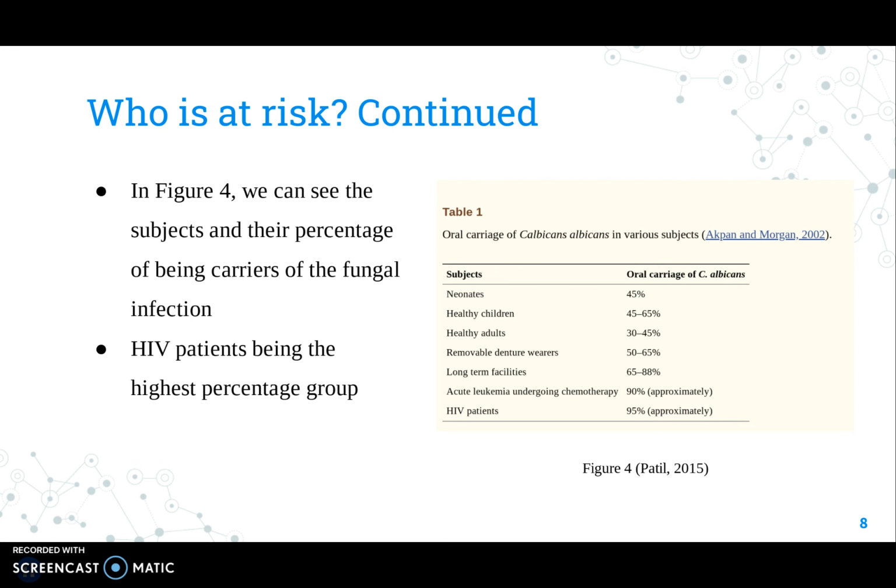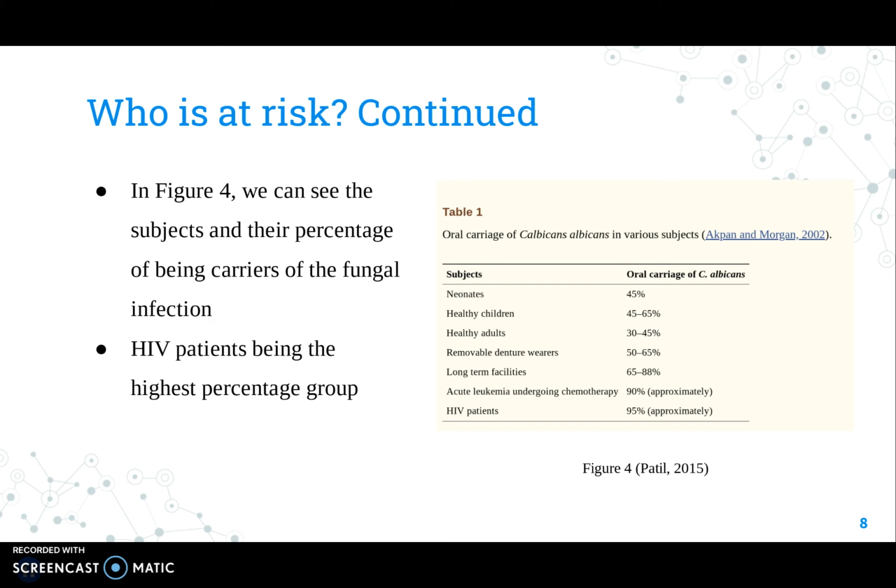Alrighty, as you can see in figure 4, we get a look at the subjects and the percentage of being carriers for the fungal infection, not actually having the infection, but being carriers for it. As I said before, HIV patients are the highest percentage group, with approximately 95% being carriers.